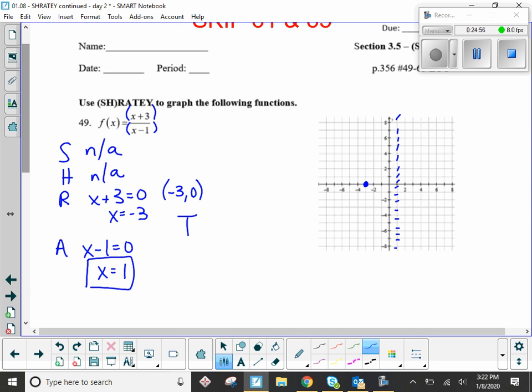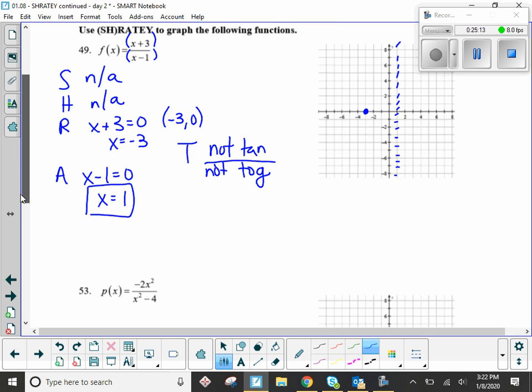X plus 3, not squared. So it's not, what? What's the T for the top? Not tangent. X minus 1 on the bottom, not squared, so it's not together. And there's nothing you can do with that right now except wait to use it later. There's nothing to graph or anything from that step.